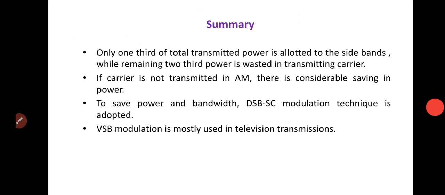To save power and bandwidth, the DSB-SC modulation technique is adopted. And the vestigial sideband modulation is mostly used in television transmission. This is all for today's lecture.